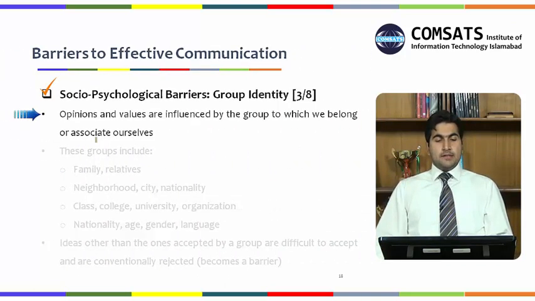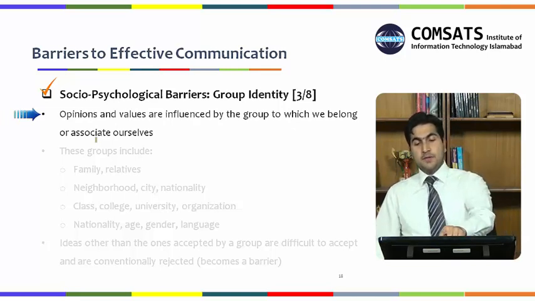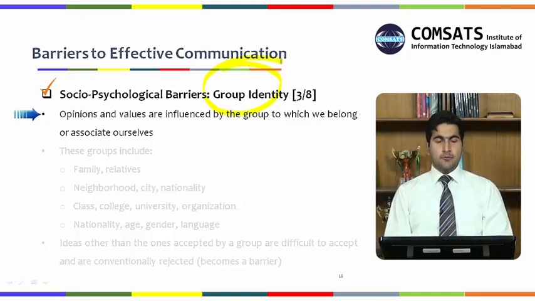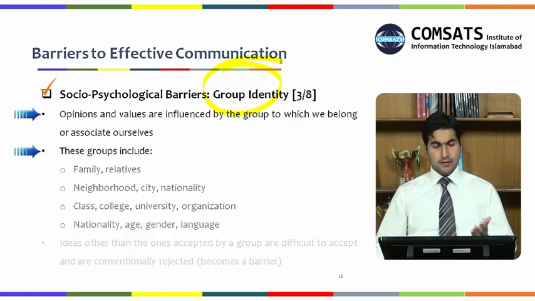In case of these opinions and values, these are influenced by the group to which we belong. This is basically known as the group identity that you have. We are always trying to associate ourselves. From an early age, we identify ourselves to be a group, which is our family. Then, of course, we have a group in the form of a class. Within that class, we also have some special group of friends, and there are some other categories as well that you can simply see.